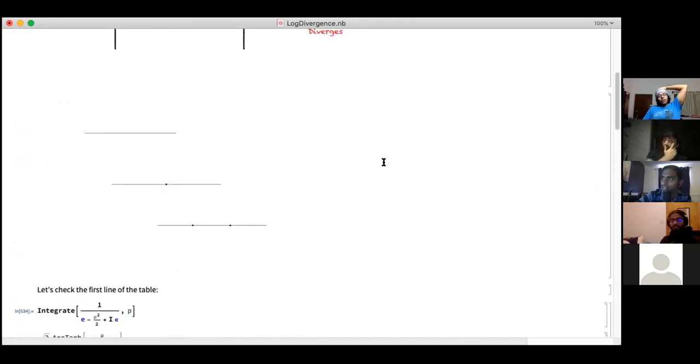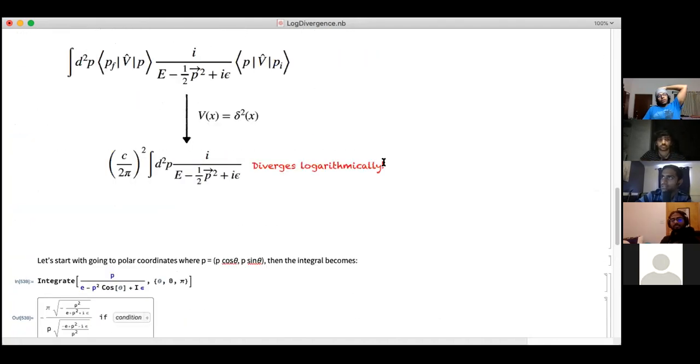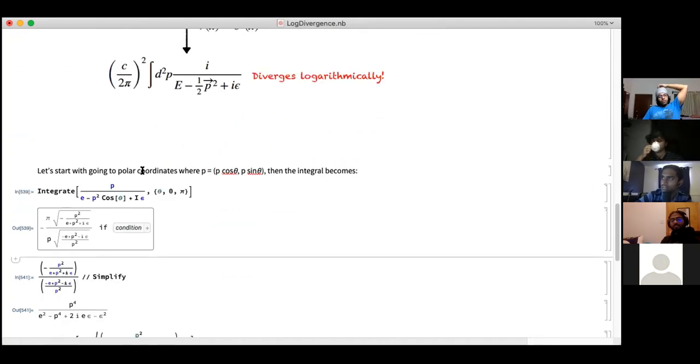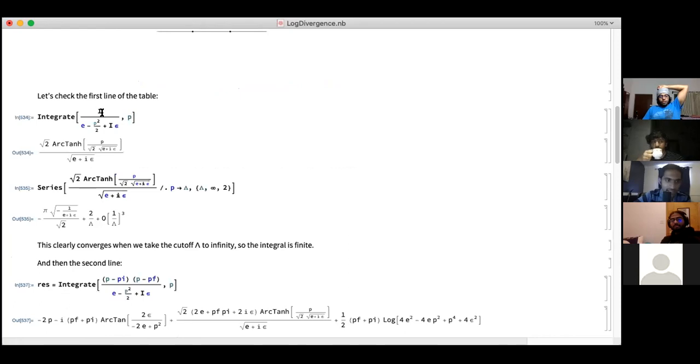Let's go back to the 1D example. Why was this going to be safe? Again, at large p, I can ignore everything over here. It's dp over p squared, which is some inverse function of p. That's fine, you don't have to care.